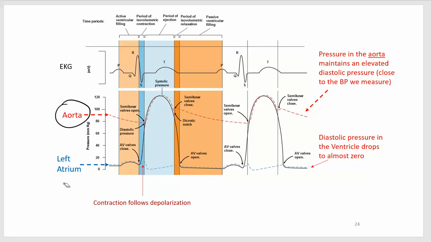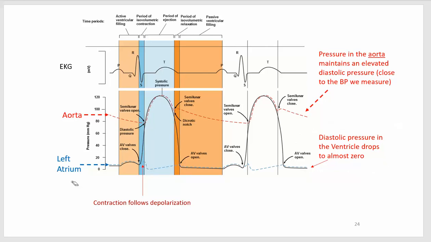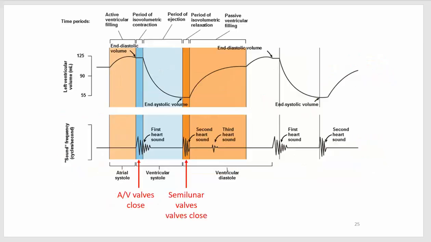So that's what's going on with the aorta, and I think the important thing is the pressure never drops below that diastolic pressure because it keeps getting filled. So it's always got that positive pressure. So even though diastolic pressure in the ventricle can drop to almost zero, that doesn't happen in the aorta because it's continuing to push blood forward.